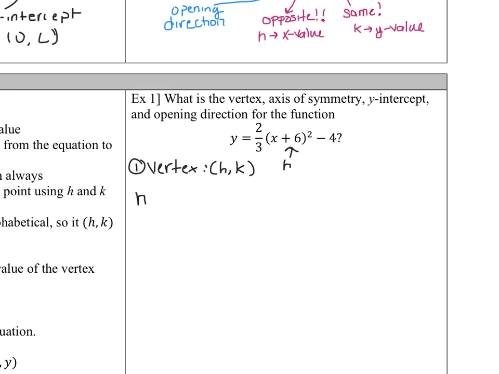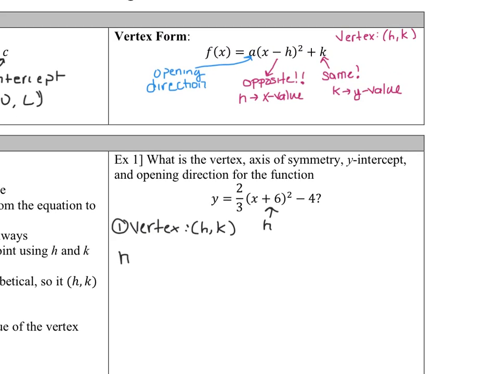If you notice, in the equation up top, it actually has x minus h. So if it's x minus h, but I have a plus 6 right here, what that really means is that h is actually equal to negative 6. This is always opposite from the sign inside the equation.